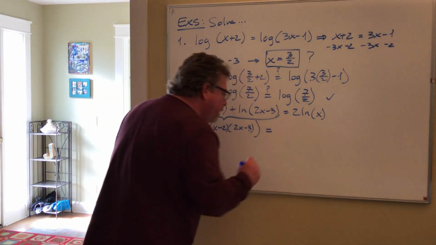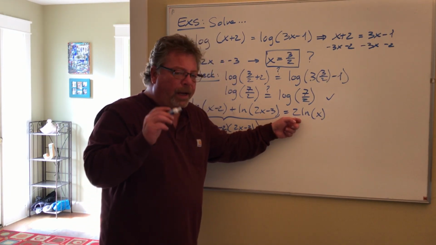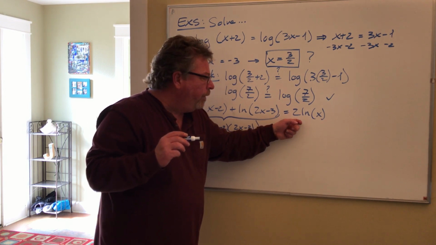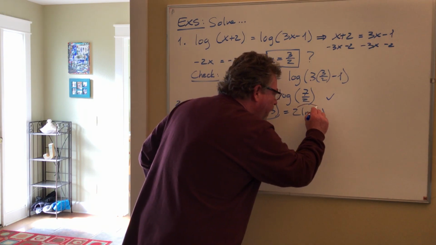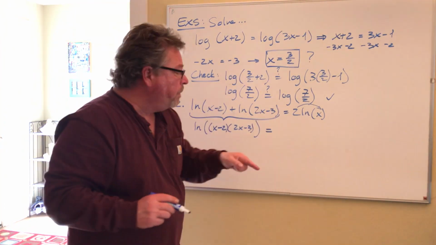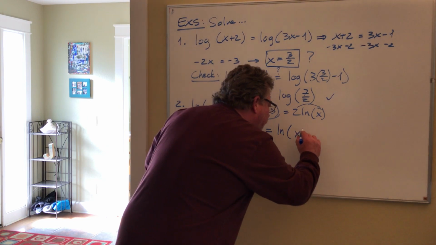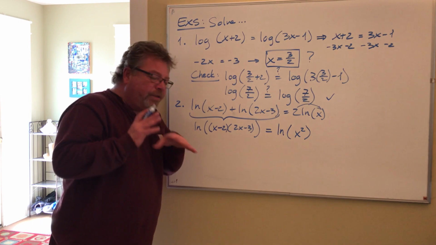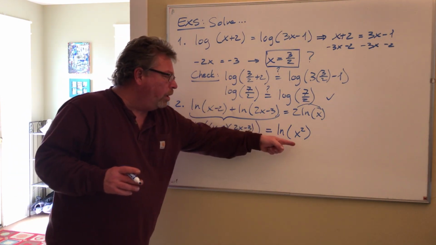And then over here, I've got a single logarithm, but I have this multiplier out in front here. And so I've got to deal with that. And we had a property a couple lectures back that says, hey, if you got a multiplier out here, you can drift it up into the exponent position and rewrite this as the natural log of x squared. So I've succeeded in getting this into log equals log.